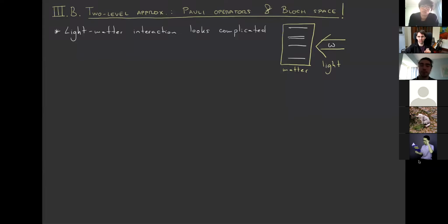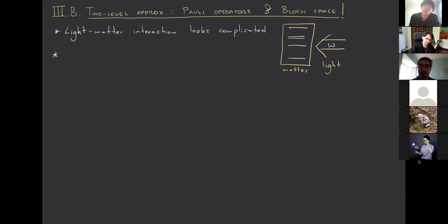So the frequency of light is ω. But even so, this looks like a very complicated problem because we have a highly non-uniform energy structure, and then you are shining light, and then you are giving energy to this structure, and then everything will start jumping around and so on.